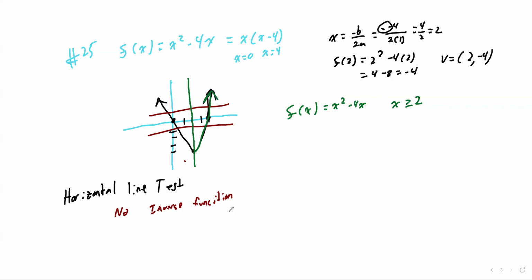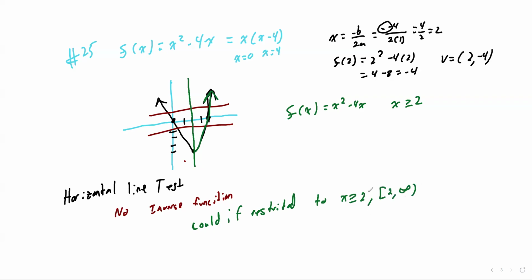So your restriction there would be x greater than or equal to 2. I don't remember if it has interval as an answer, but if it does, it'd just be 2 to infinity.